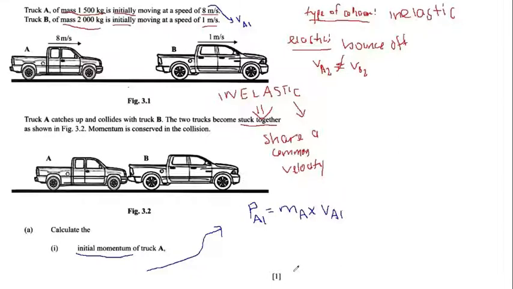Everybody with me? I'm just using my regular momentum formula, okay? So I multiply 1500 kilograms by 8 meters per second. And what do I get? Yep, 12,000.